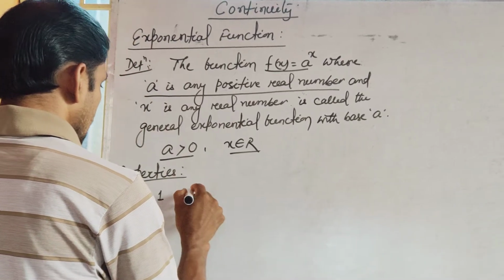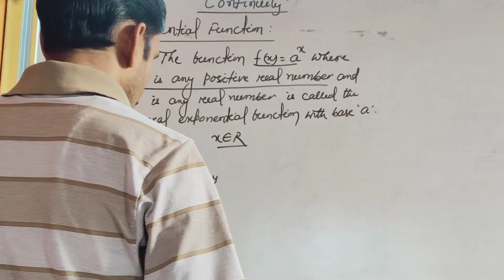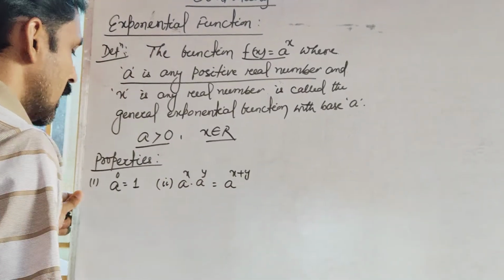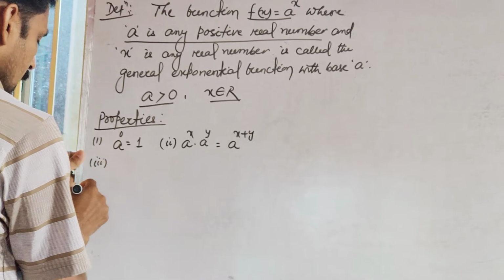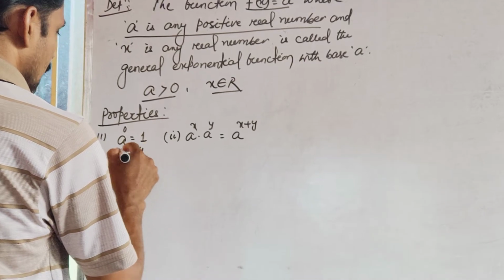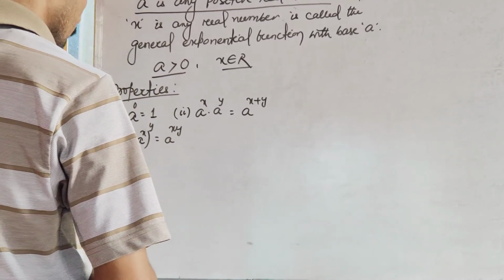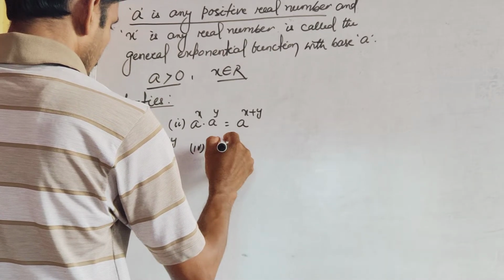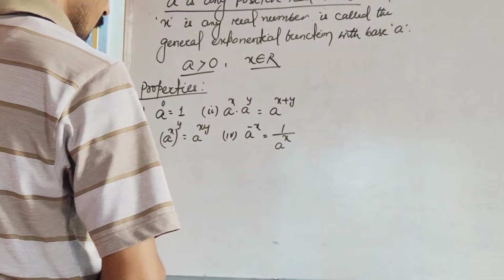Second is a to the power x into a to the power y equal to a to the power x plus y. This is the law of exponents. Then third is a to the power x, to the power y, equal to a to the power xy. Then a to the power minus x equal to 1 by a to the power x.